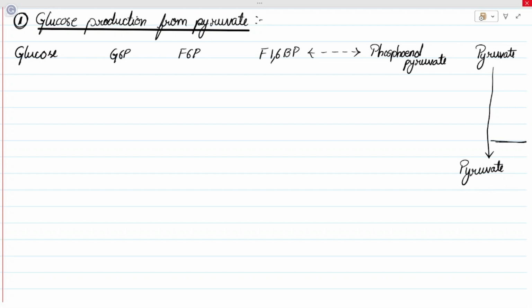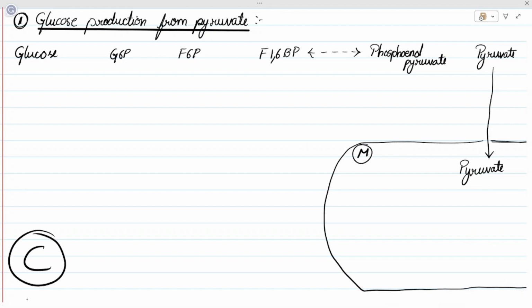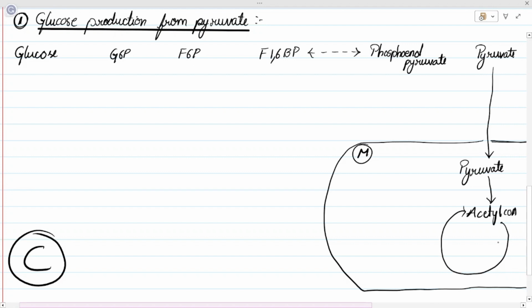Let's draw a box representing the mitochondria. Assume this as the mitochondria, and this entire portion is the cytoplasm. Now, pyruvate present in the mitochondria enters the TCA cycle, and from there the TCA cycle occurs. We have citrate in between along with malate and oxaloacetate.